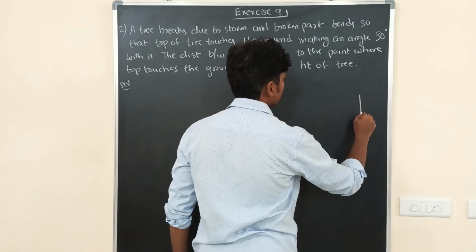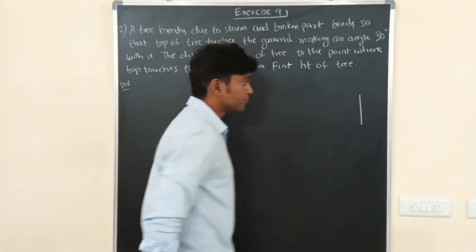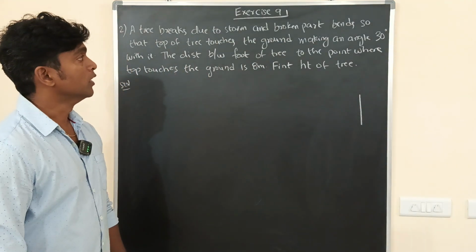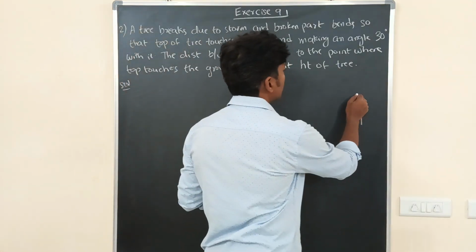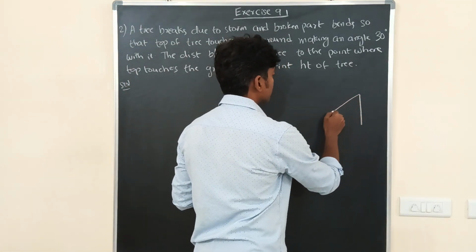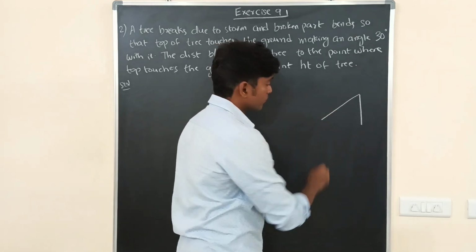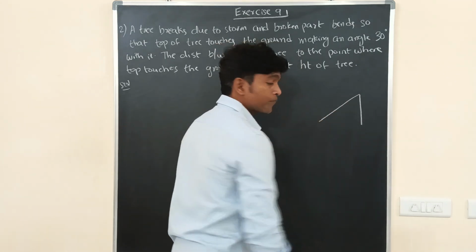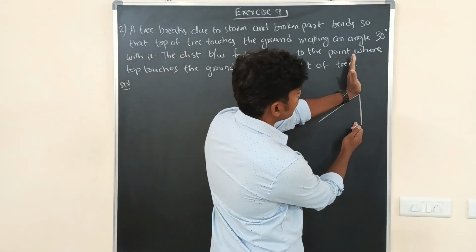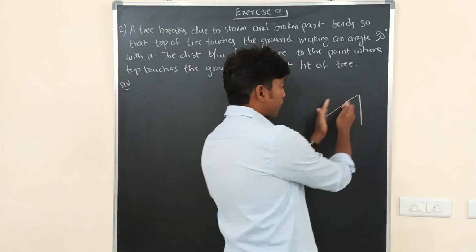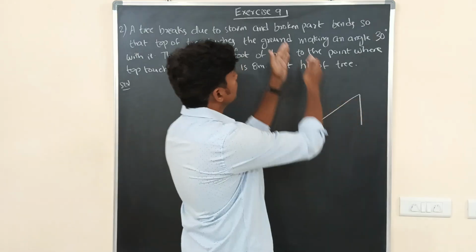Now let us consider this one is the tree. Due to the storm it has broken and the broken part is bent like this. The tree was first straight and it was broken like this. So this part of the tree and this part of the tree are the same thing.